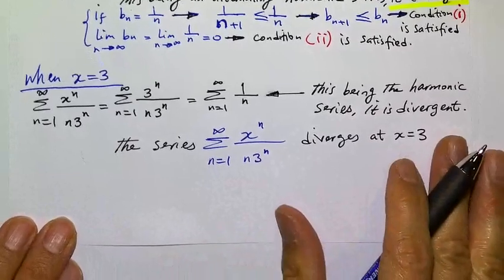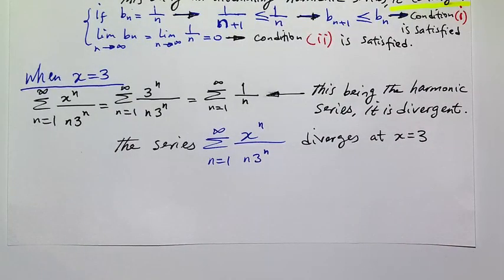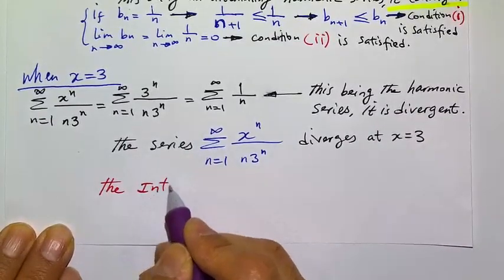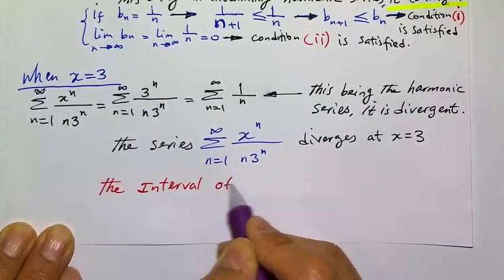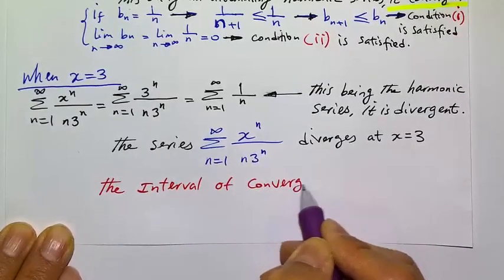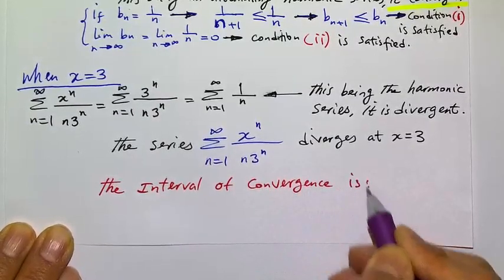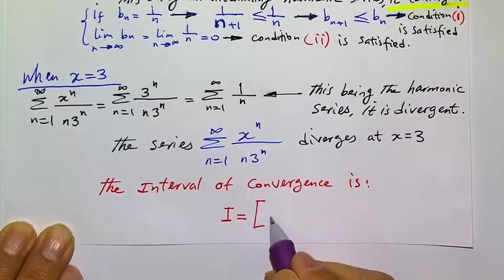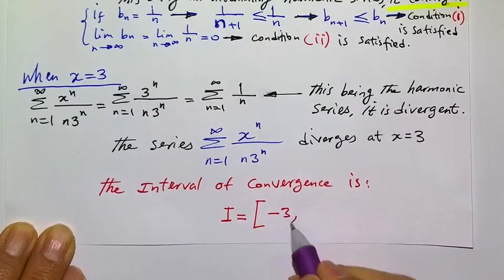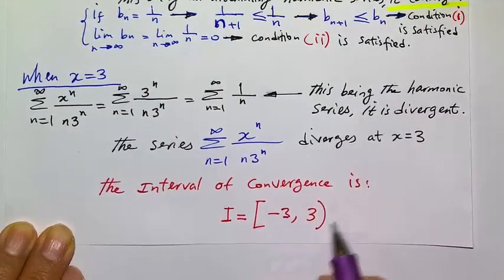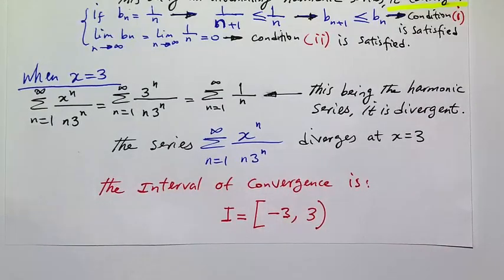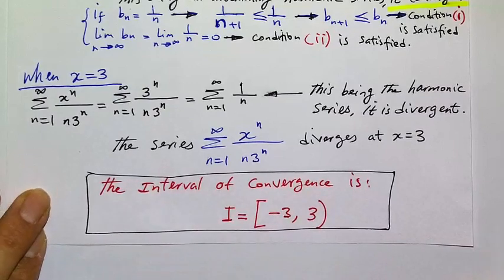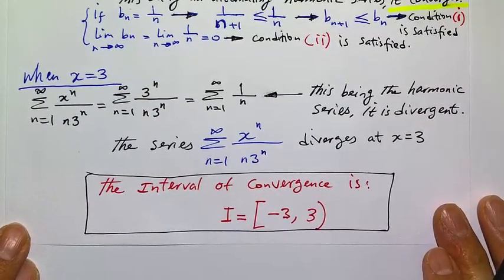Thus, the interval of convergence is [-3, 3).